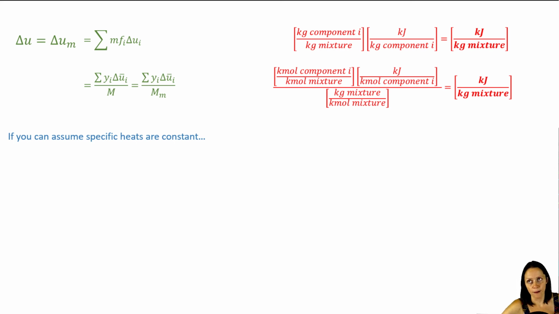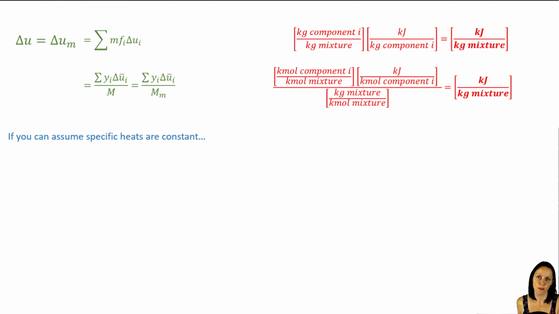So if you have a gas where you do not have U bar values tabulated, such as you would find in A23 and A23E, or a gas that you do not have u values for. We have u values for air, but we don't really have them in your tables for any other gases. It's not to say they don't exist, they're just not in your book. So if we don't have tables, then we kind of don't have a choice.